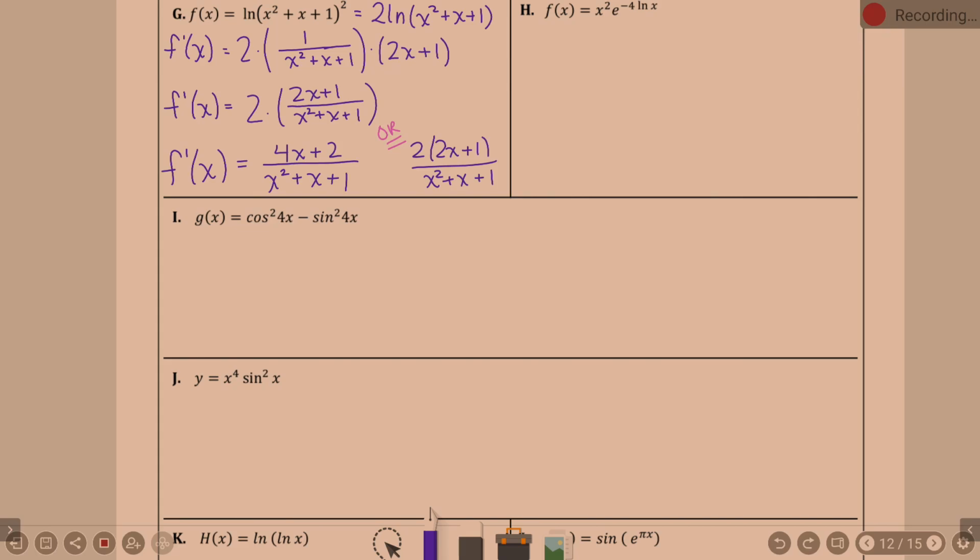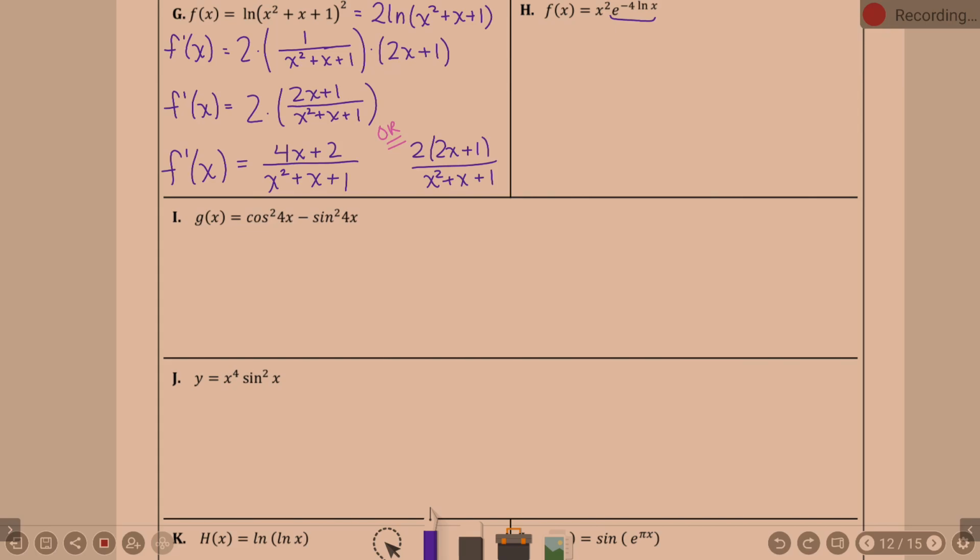My first glance at this, and this is me, I don't always remember to think about log rules, is I see x squared times e to some power. Just thinking about that, I'm going to have to do the product rule. But then there's also going to be a chain rule within the product rule. Now, what I'm going to suggest, let's clean this up a little bit.